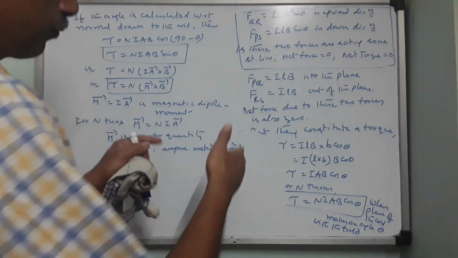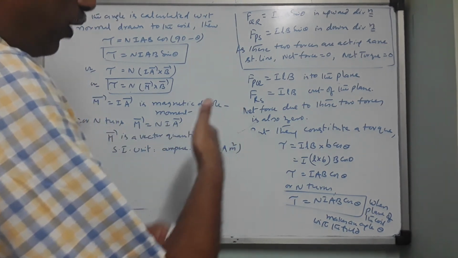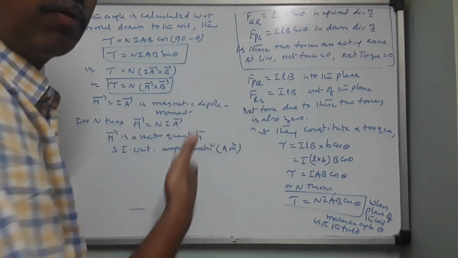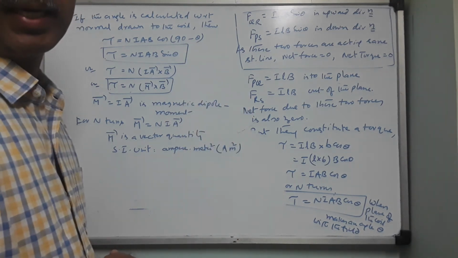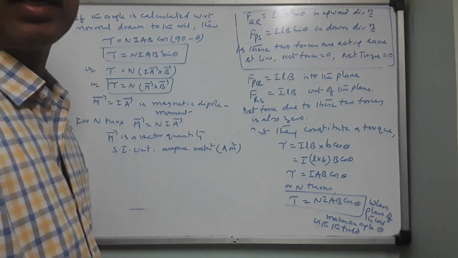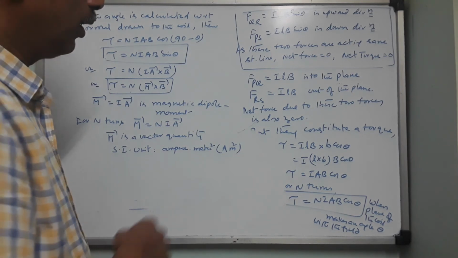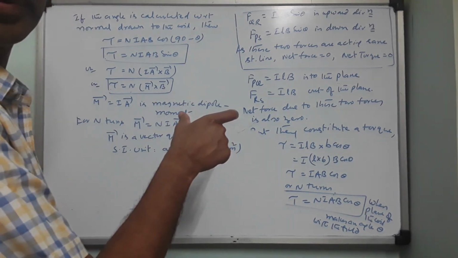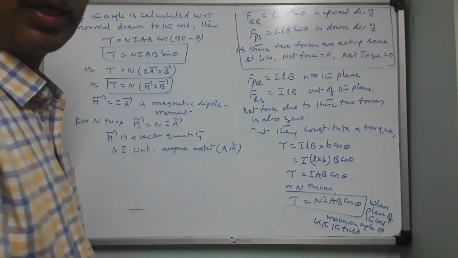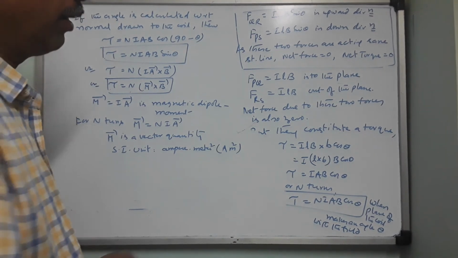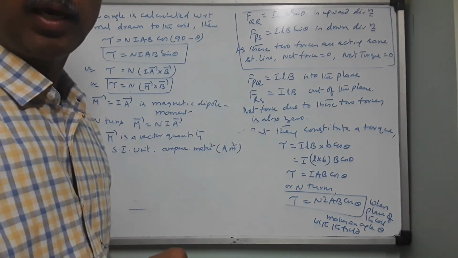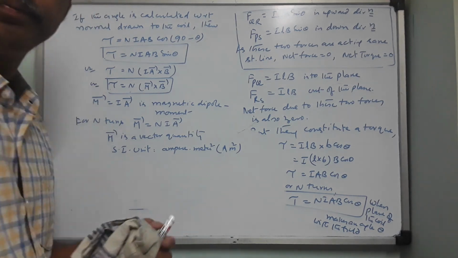And if you speak about the sides, the field available at the left side is not equal to the field available on the right side. So forces cannot cancel. So there will be a net force. Already they are constituting a torque. So therefore there is a net force and a net torque.